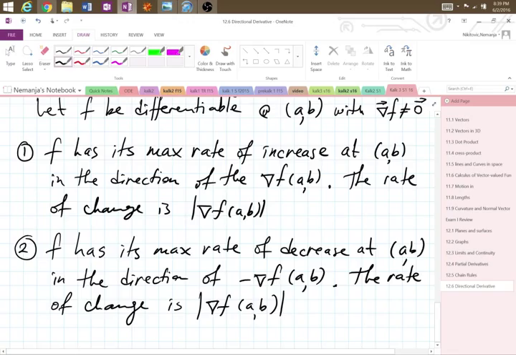And the directional derivative is 0 in any other direction orthogonal to it, right?